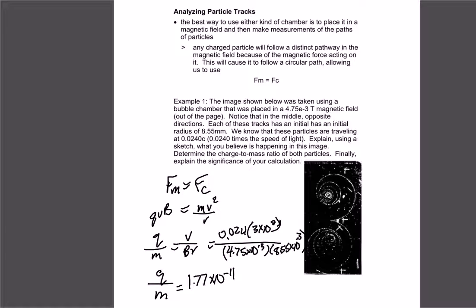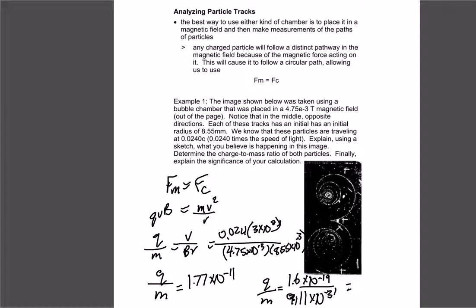If we compare that to an electron, we do charge to mass: the elementary charge, 1.6 times 10 to the negative 19, divided by the mass of an electron. We do that calculation and we get pretty much the same answer.